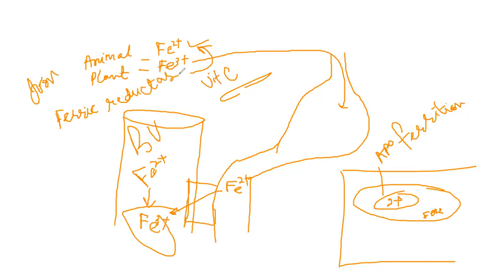I will teach you this iron metabolism in hematology, okay? Ferric reductase. This vitamin C works as a coenzyme to this main enzyme, ferric reductase, which reduces this 3 positive form into 2 positive form.